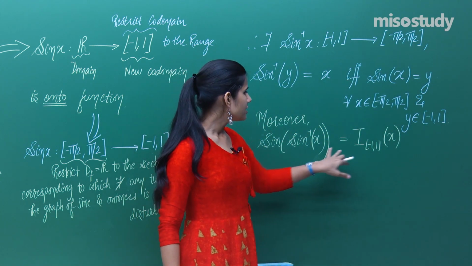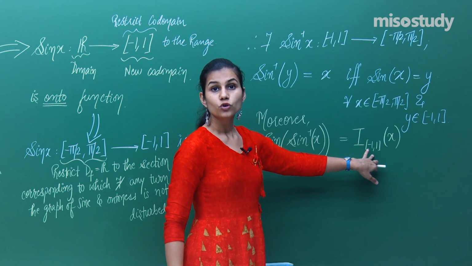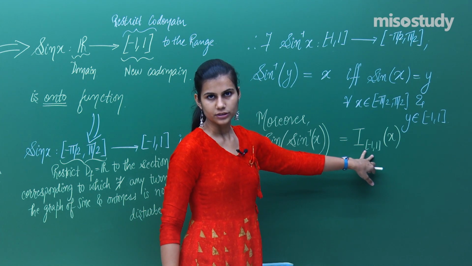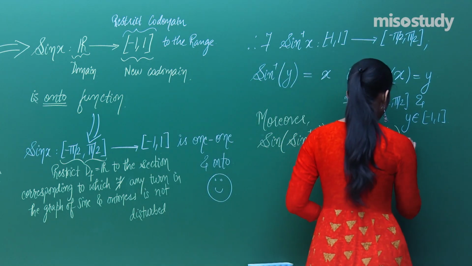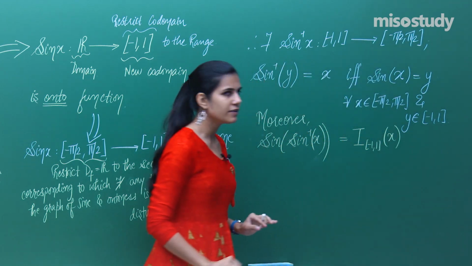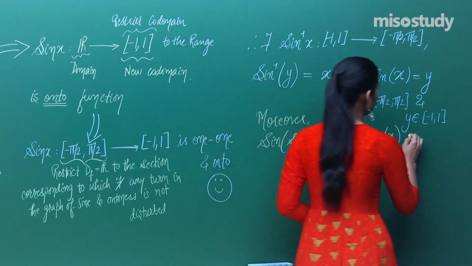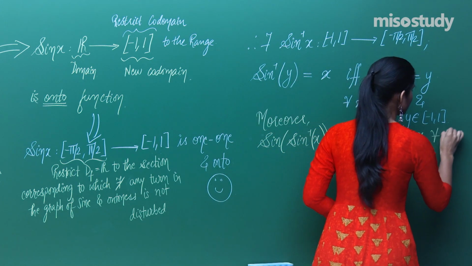Sine o sine inverse is identity function on the codomain of the sine function, which is minus 1, 1 closed interval. Identity map when applied to any x coming from minus 1, 1 closed interval is going to give you x only.